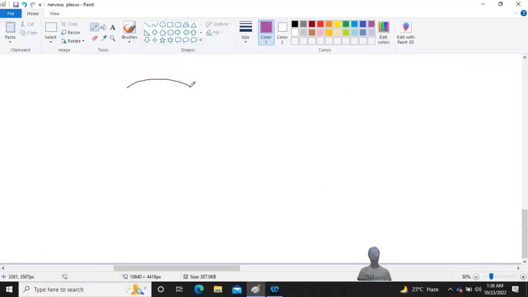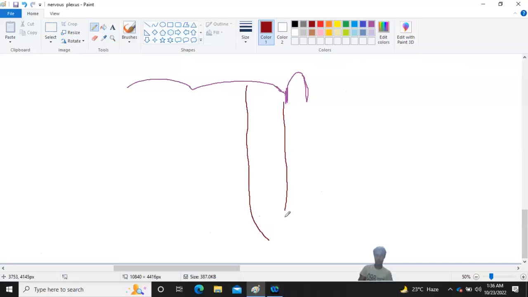Let's say it has curvatures, and the crus of the diaphragm. Then here we know the psoas major muscle is present, and here we know the iliacus muscle is present.